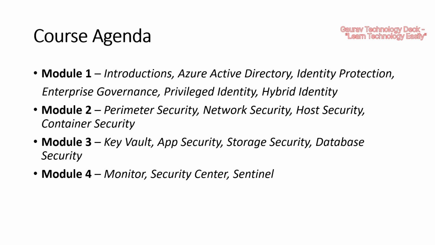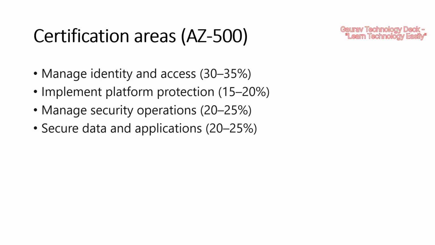In module 2, I'll cover perimeter security, network security, host security, and container security. In module 3, we will discuss Key Vault, application security, storage security, database security, and so on. And our last module will be about Monitor, Security Center, and Sentinel. So this was the course agenda.